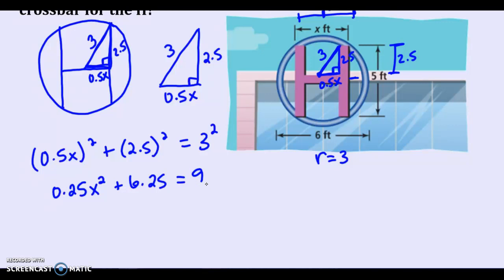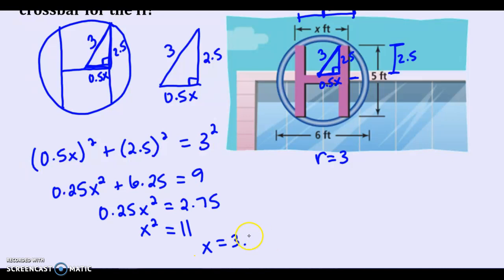What I'm going to do is subtract 6.25, so I get 0.25x squared is equal to 2.75. And then I'm going to divide by 0.25. So 2.75 divided by 0.25, I get 11. And the final step is to take the square root. So I get x is equal to 3.32 feet. So that is my value.